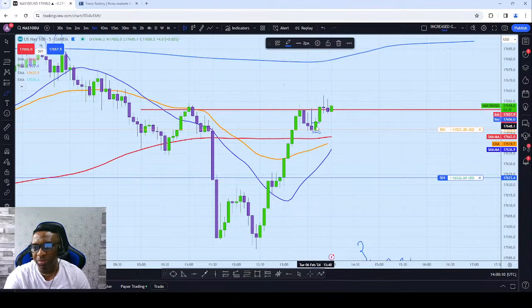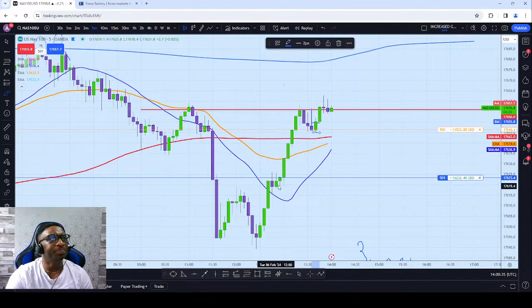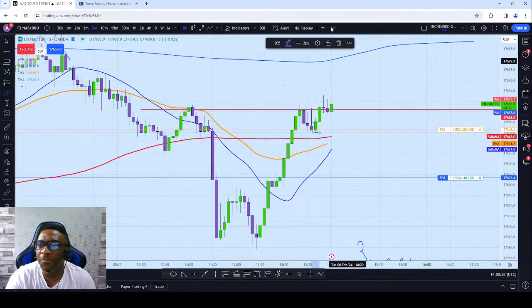Entering on this candle is an anticipation entry, or you can get into the confirmation entry on the next candle. The moment this one closed, you can hop on to this one, then your stop loss will be here or halfway of this candle, then you leave it to run.